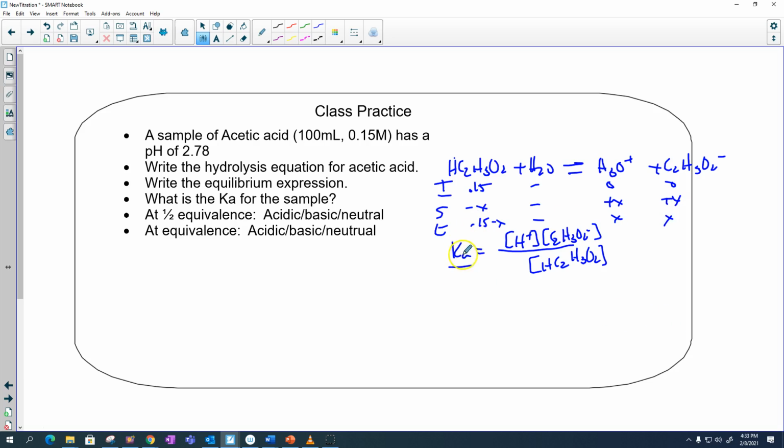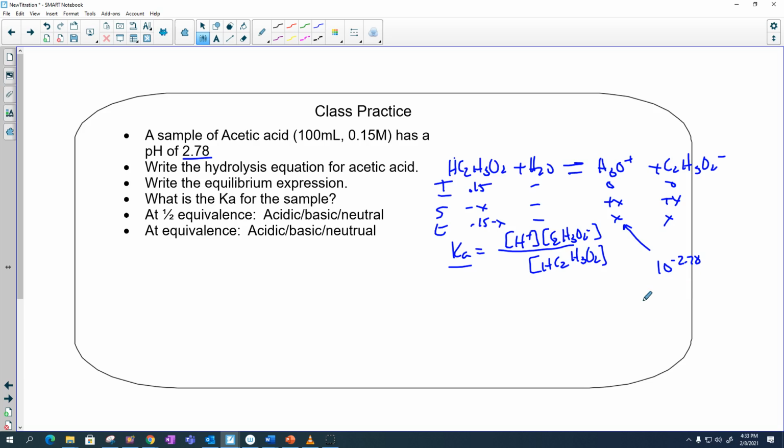Alright, so I need to fill the table up, but I don't have everything, so what do we have to do here? This 2.78 is going to fill it out, 10 to the negative 2.78. And this is going to give me my H plus concentration.